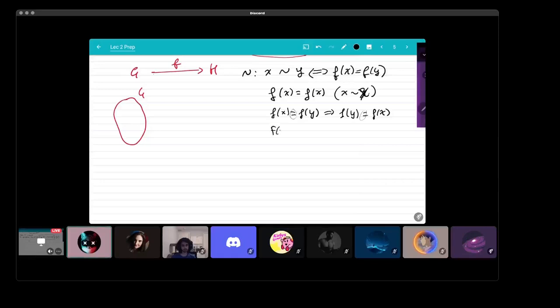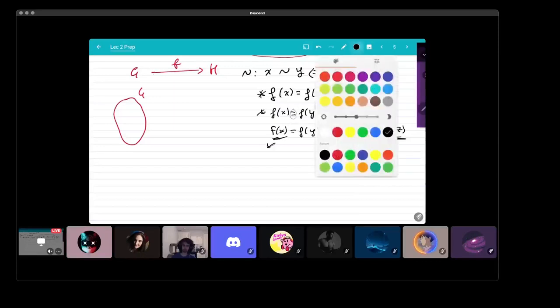If I have x being similar to y and y being similar to z, it means that I can deduce x is similar to z, and so it does satisfy the three conditions, so it is an equivalence relation.